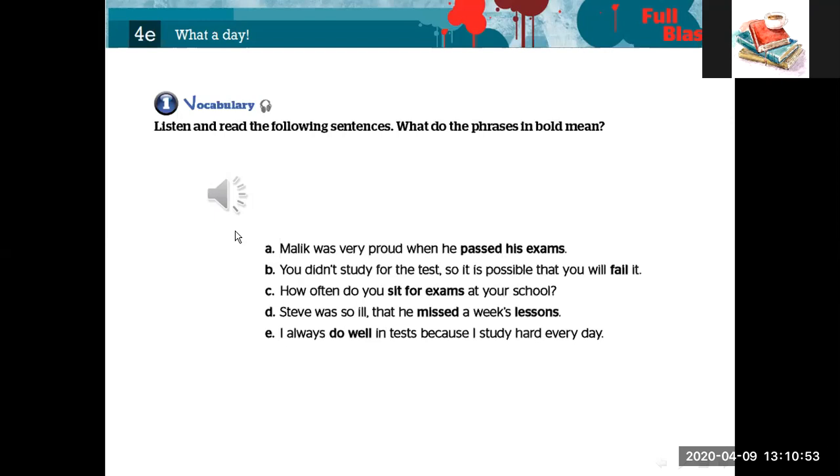Hamza, number 3. How often do you sit for exams at your school? Okay. Sit for exams means go to school and you are ready to start your exam.